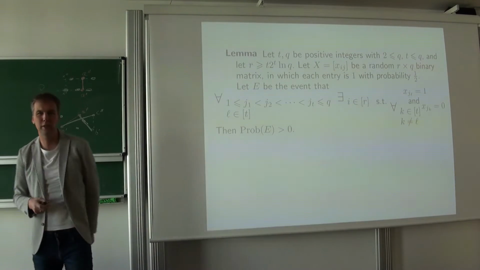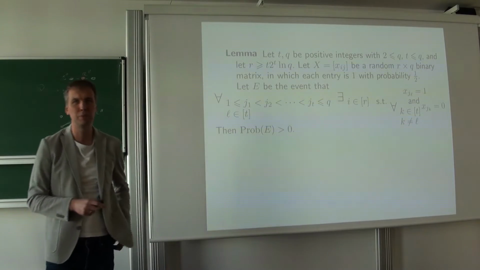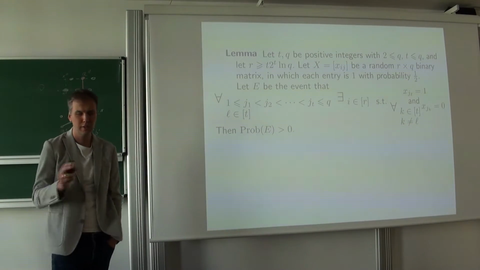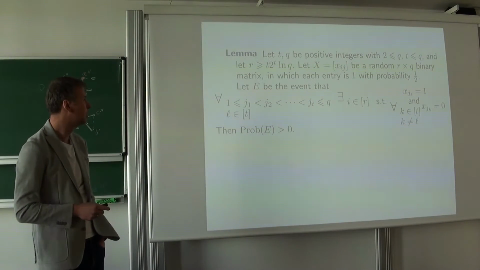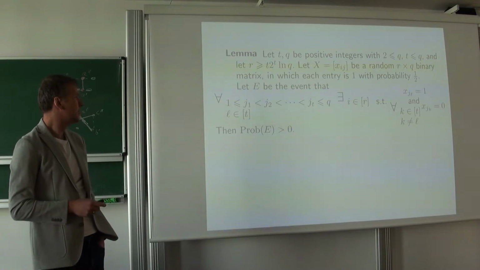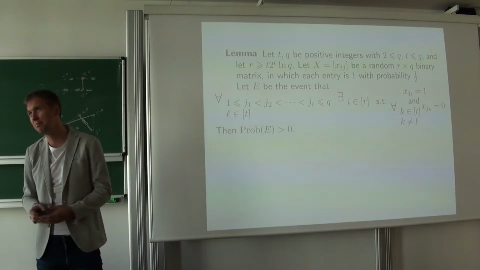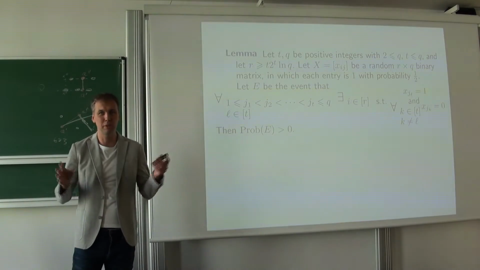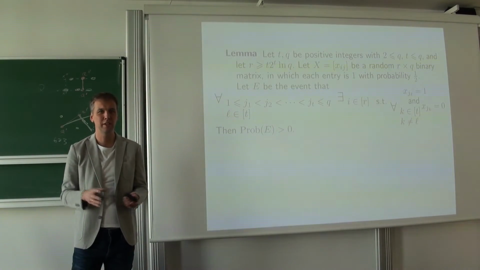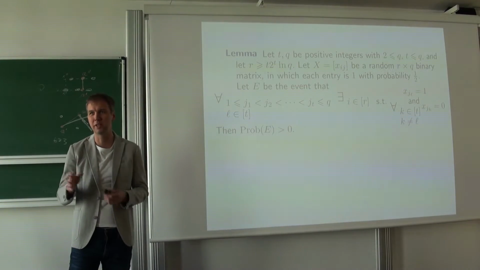I want to do one lemma before we enter the main proof, to not get distracted with some auxiliary stuff over there. This is about existence of some binary table, a matrix let's call it, that distinguishes well its columns.